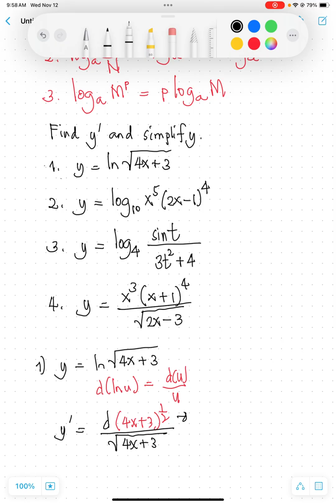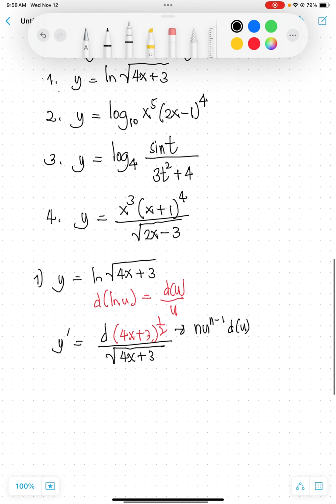For the derivative of 4x plus 3 to the 1/2, we are going to use the general power rule: n u to the n minus 1 times derivative of u. So I will have y prime equals, n is 1/2, and u is 4x plus 3 raised to n minus 1. 1/2 minus 1 is negative 1/2.